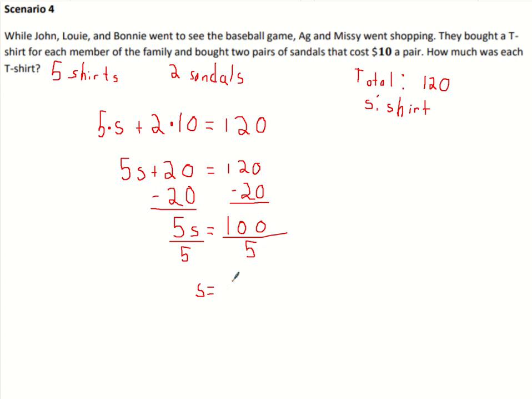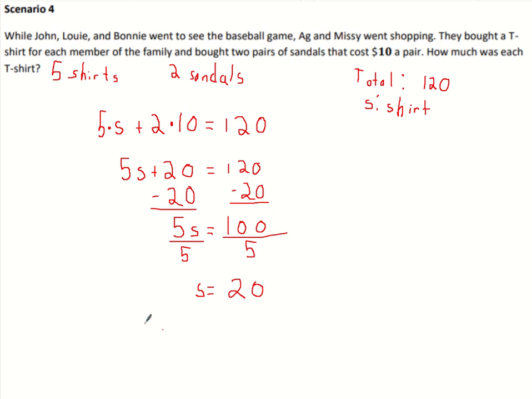So 1 shirt is going to cost $20. Now, 1 shirt is going to cost $20 because 5 shirts plus $20 is $120.